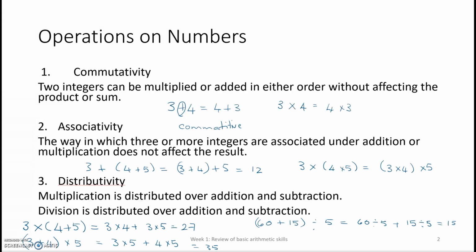Then another example would be 20 minus 10 divided by 5. That would be 20 divided by 5 minus 10 divided by 5, which will give you the answer of 2.